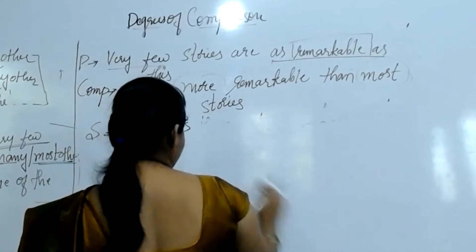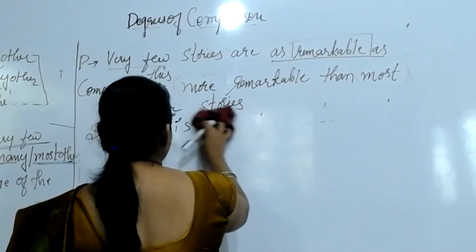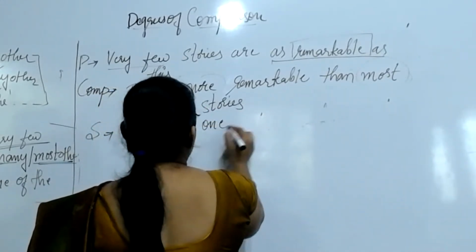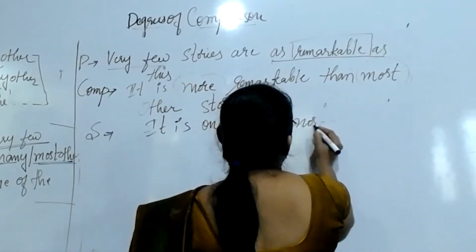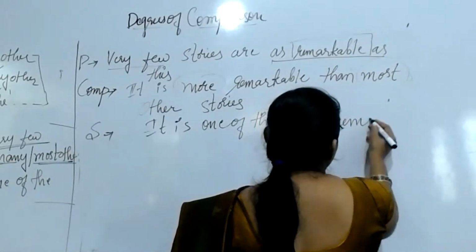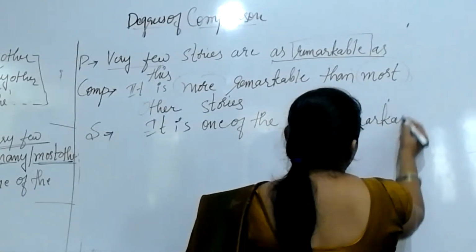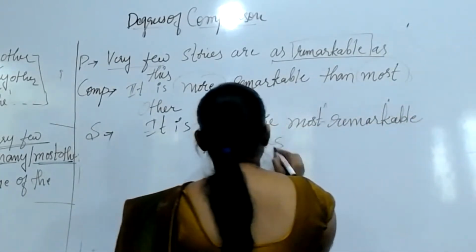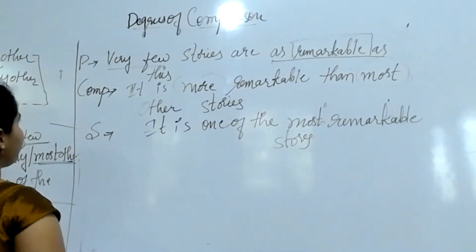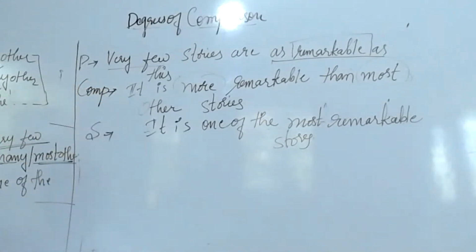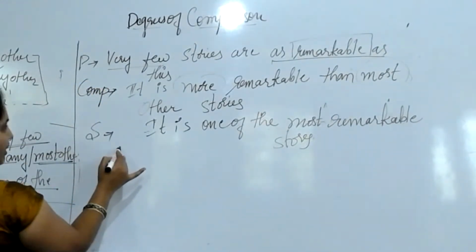It is one of the most remarkable story. So you have to use, if the positive degree starts with very few, one of the in the superlative degree.